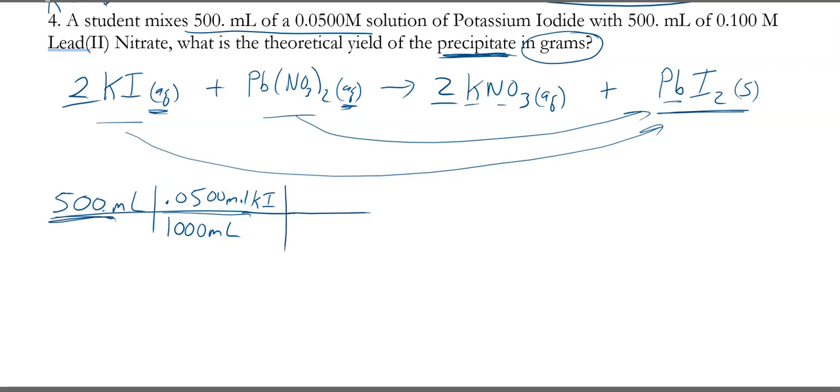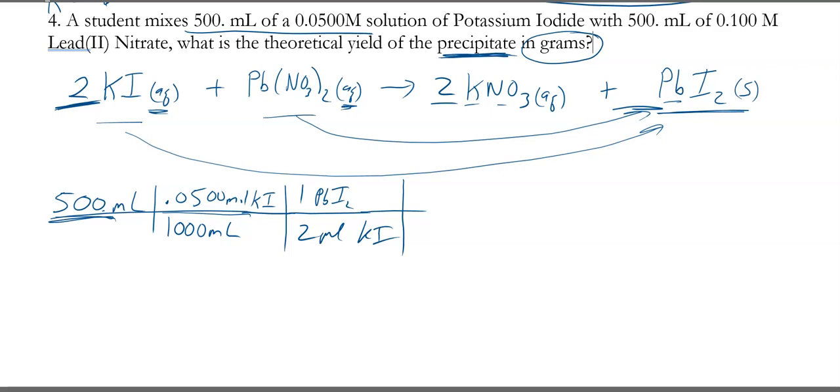We need to go ahead and use the mole ratio, and here it tells us it's a 2-to-1 ratio. So 2 moles of KI will produce 1 mole of PbI2. And like I said, we need to get to grams here, so let's just go ahead and take both of these problems all the way to grams.